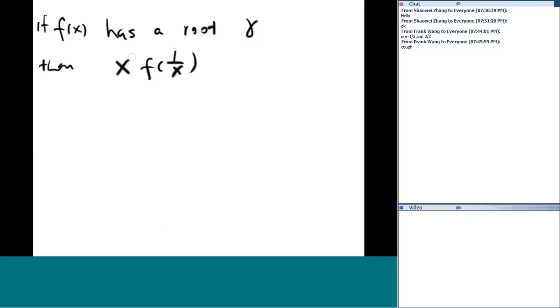Last time we talked about if f(x) has a root r, then if you flip it, it has root 1 over r. So we can flip it first. In our case, the original equation was x cubed minus 6x squared plus 5x minus 7 equals 0, right?